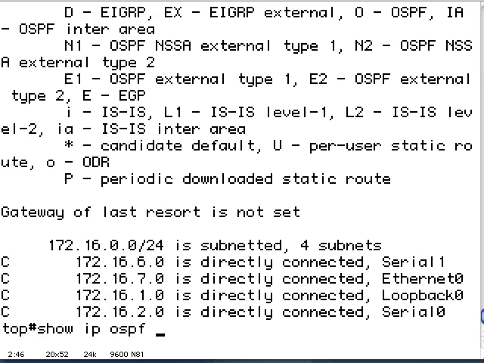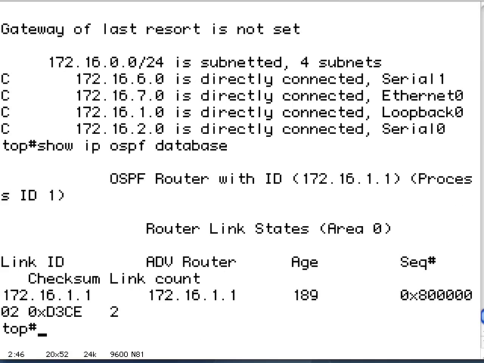Show ip ospf database. Remember I was talking about link state advertisements. The whole point of OSPF is to exchange routing information throughout the area, to send all the networks that you're connected to, to every router in the area, and it does that via link state advertisements.